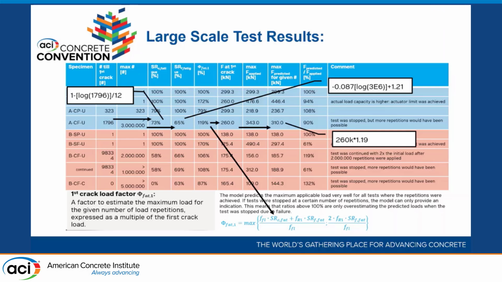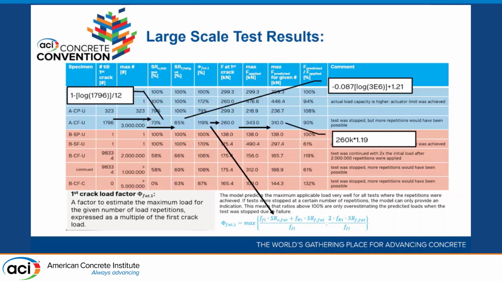Then you take this maximum number of repetitions, plug it into the equation for cracked concrete, and you get 65% stress ratio. Now you take the FFL that we had before, times this stress ratio FR1, plug all of these numbers in, and what pops out is 119%.